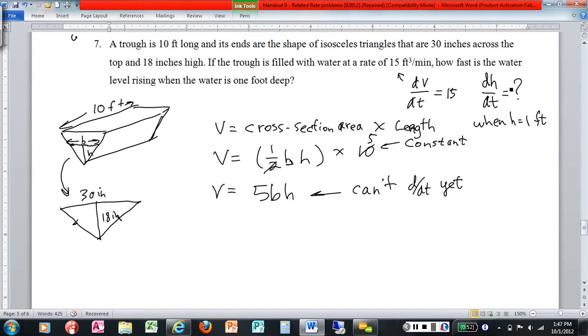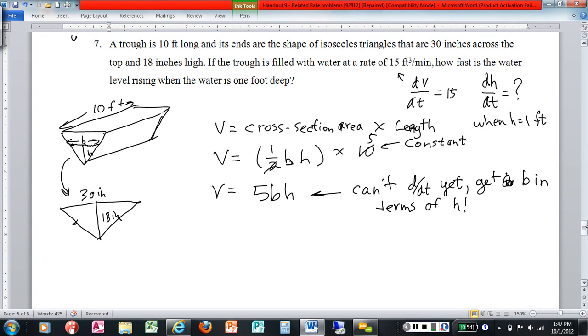So what I need to do is get B in terms of H, if I can. In other words, take this down to an H equation only, first of all, before I d/dt. Here's how I do that.